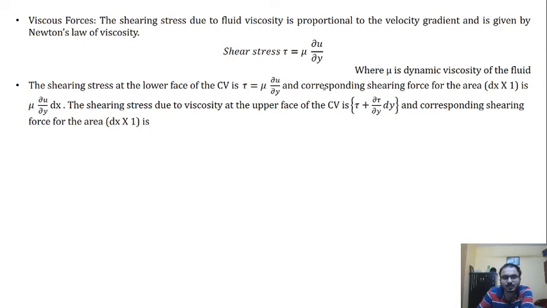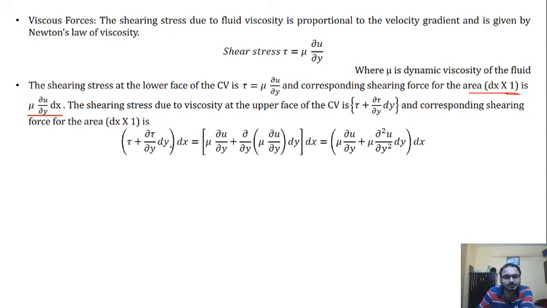That is this formula. The area is dx into 1, and finally we are getting mu into del u over del y into dx. Now the shear stress due to viscosity at upper face of the CV is given by tau plus del tau over del y into dy, and the corresponding shearing area is constant, that is dx into 1 only.